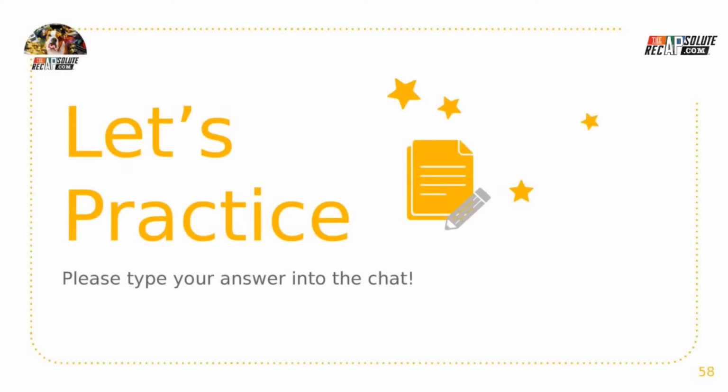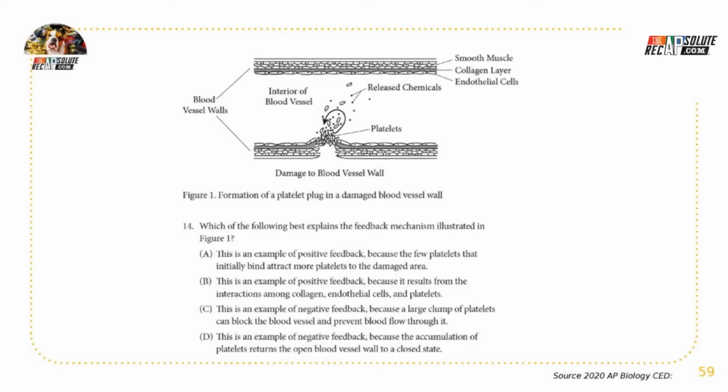Let's do a quick practice. Here we have some blood clotting. Which of the following best explains the feedback mechanism based upon the picture? I see things labeled like smooth muscle, collagen, endothelial cells.